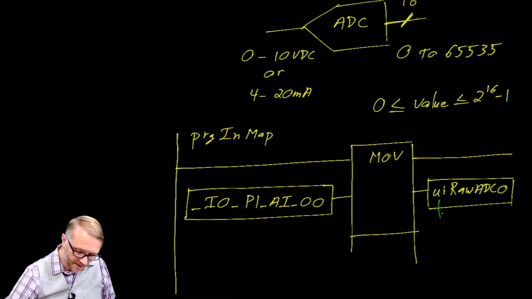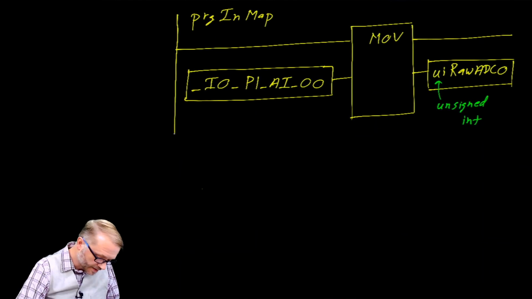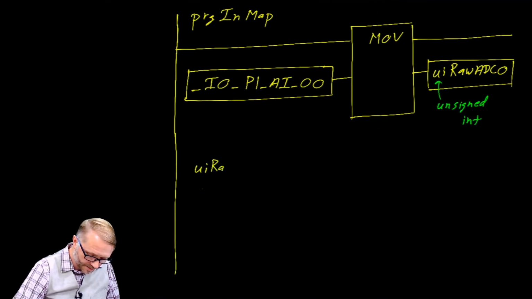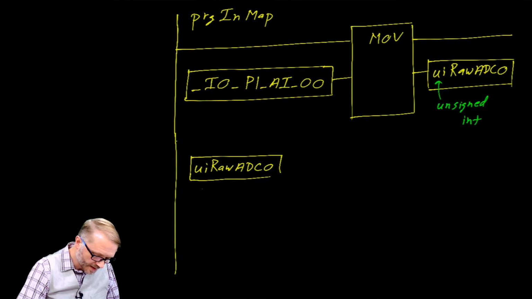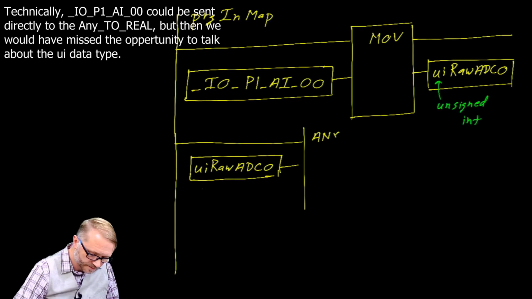This is a local memory location, and it is an unsigned integer. From there, you will take the unsigned raw ADC0 and send it to an instruction called any to real.